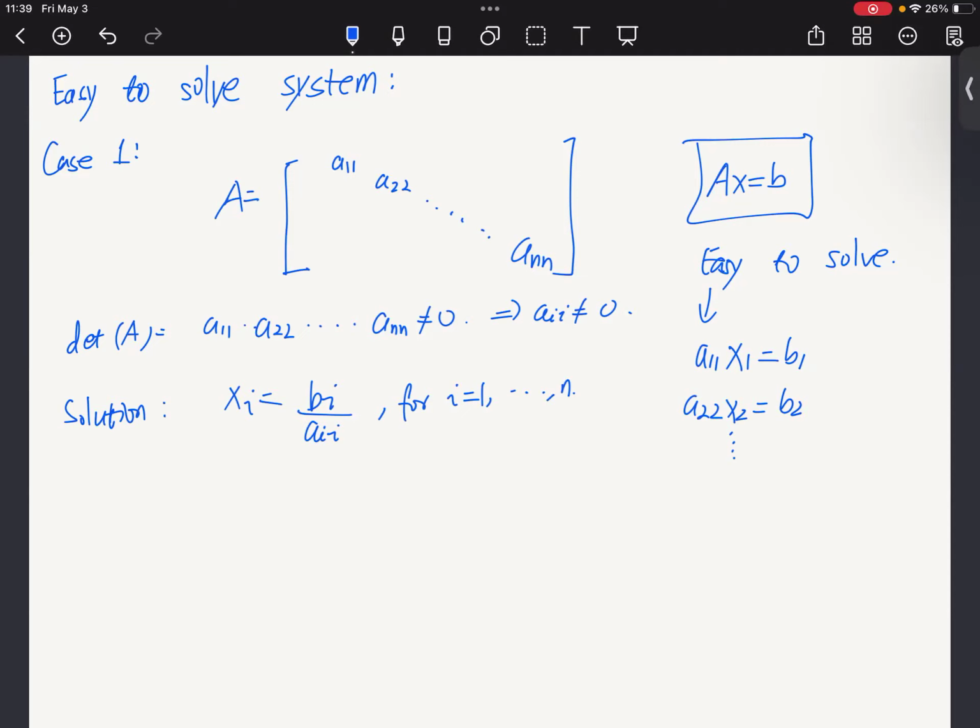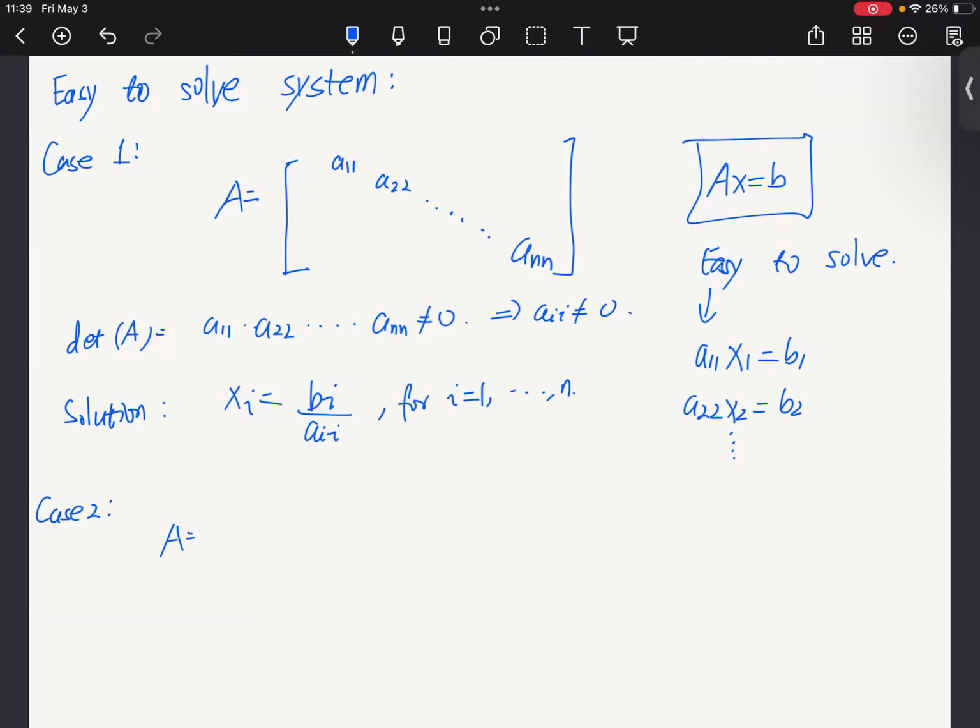And there's another more complicated case, case 2. It's a little bit more complicated compared to this system. Then we have A, and you will see this again and again. We love this because it's a lower triangular matrix.